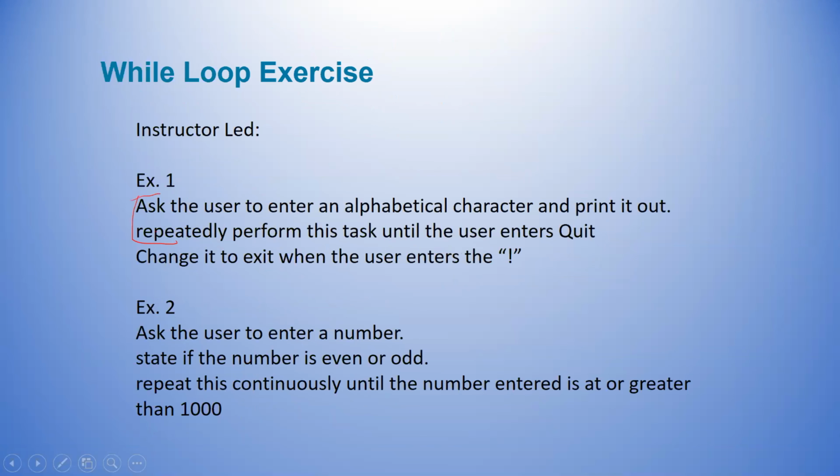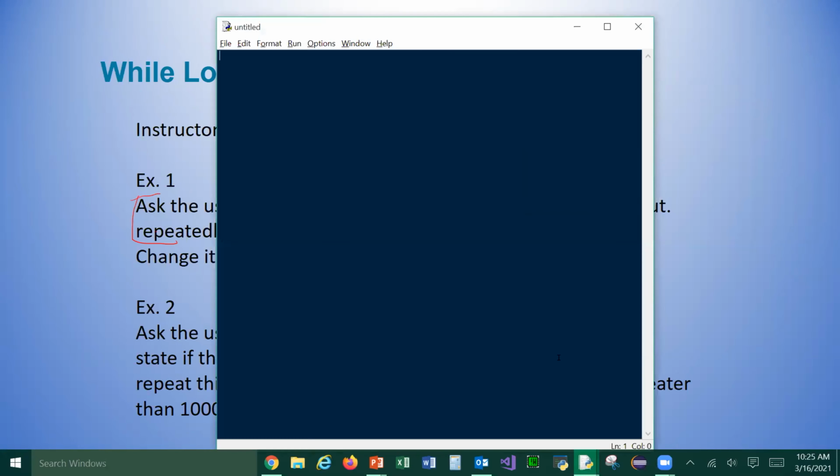Okay, so ask the user to enter an alphabetical character and print it out repeatedly. Perform this task until the user enters quit. So we will have to write a loop. You have to initialize the loop control variable, and obviously that variable will control the loop, right? What do we want to call it? Character or user input.